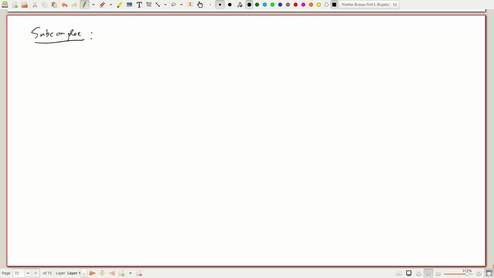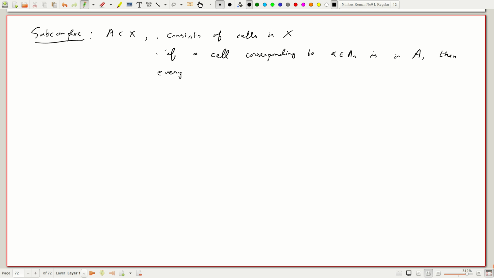If I have A contained in X, this consists of cells in X. And if a cell is in X, give it some name, so the cell corresponding to alpha, alpha in the index set, is in A, then every cell intersecting the boundary phi alpha of the boundary of Bn is in A. Okay.